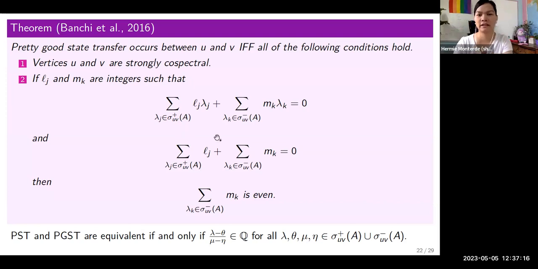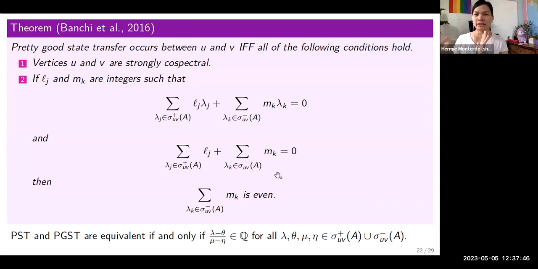So take a look closely here. We have eigenvalues sitting in this set and eigenvalues sitting in this set. We want the l_j's and m_k's to be integers, such that if this linear combination equals 0 and the sum of the coefficients is 0, then the sum of the m_k's here should be even.